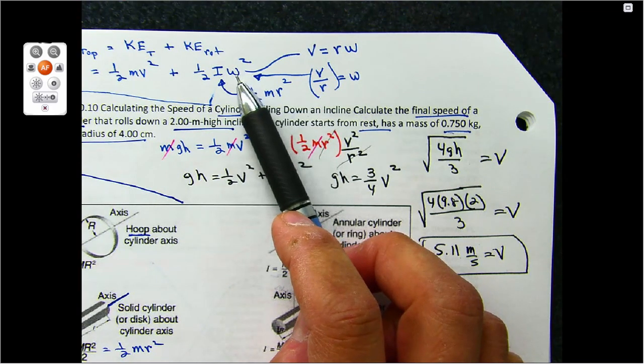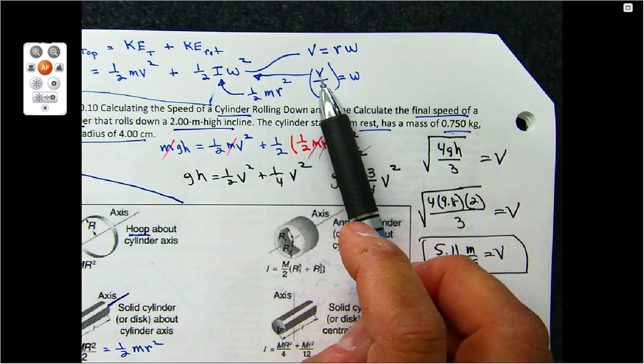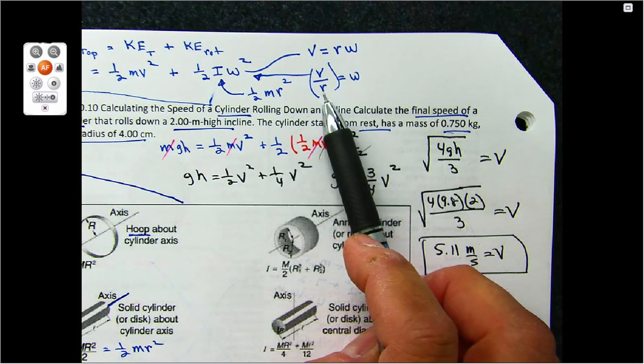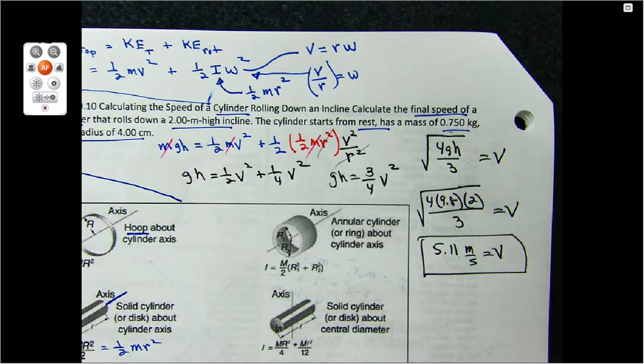So we have omega squared, but we're going to substitute V over R for omega, and then we still have to square it.